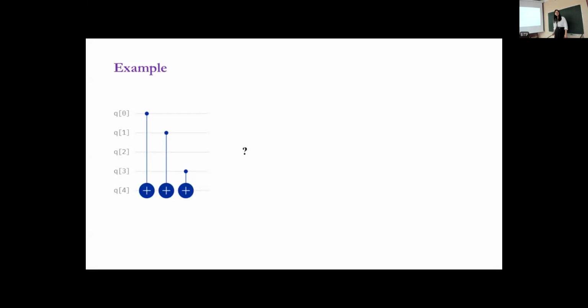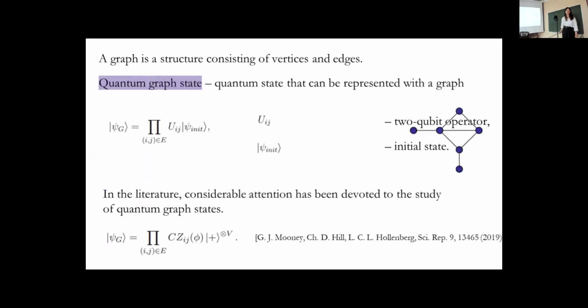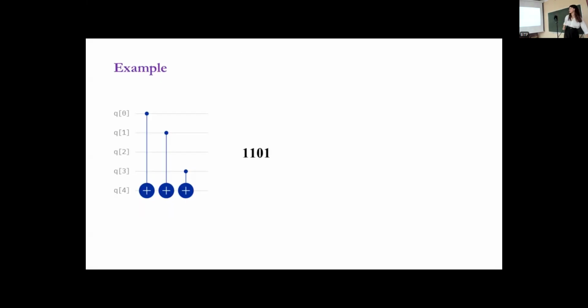And also a question for students. What do we have in this case? What unknown string is encoded with this oracle? We have the action of 2-qubit controlled NOT gates, and these gates act on qubit 0, qubit 1, and qubit 3. Okay, maybe there are some questions.